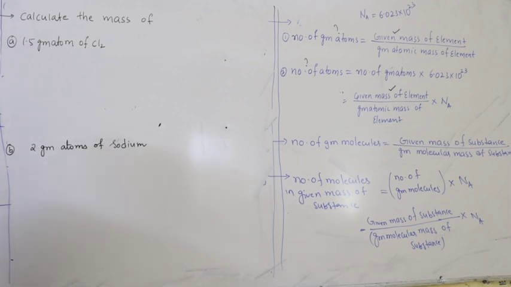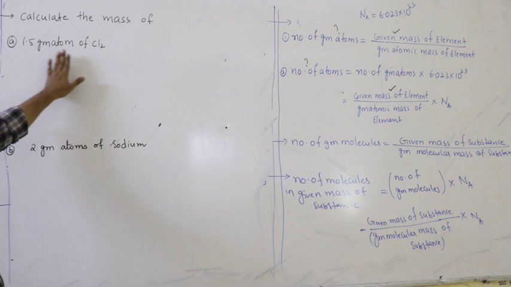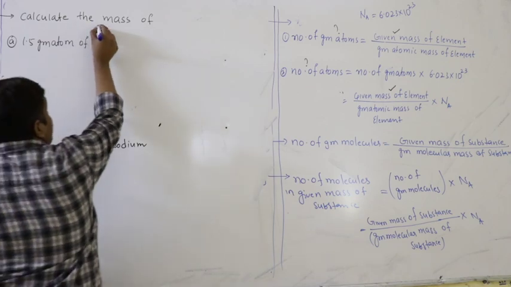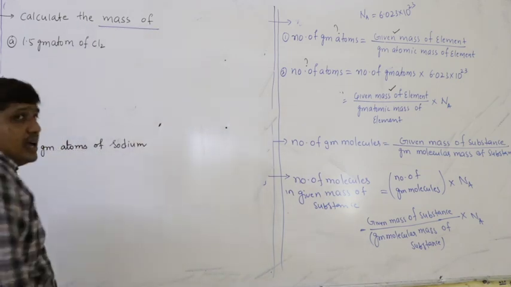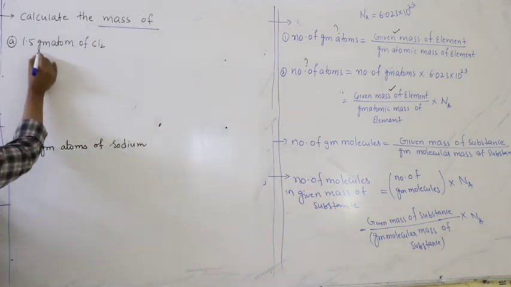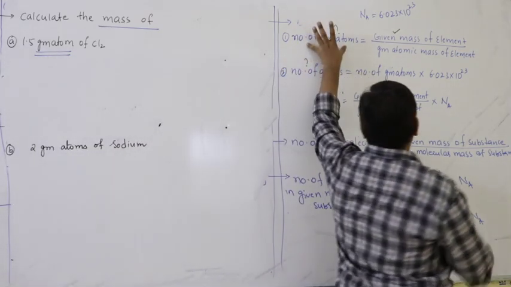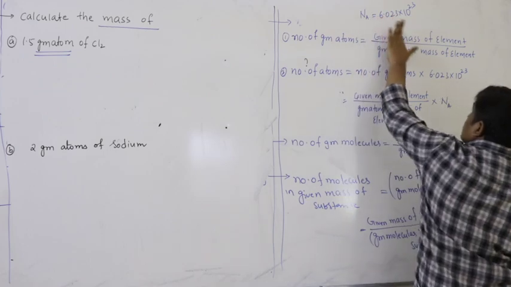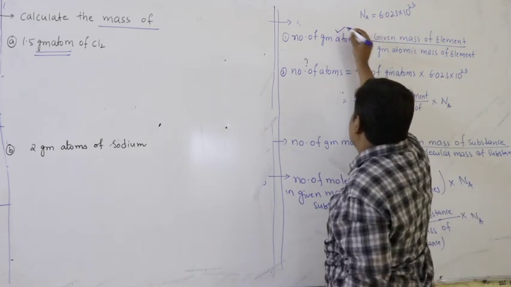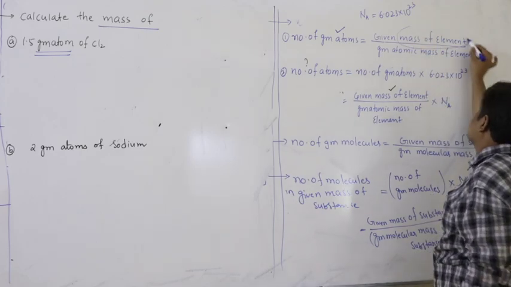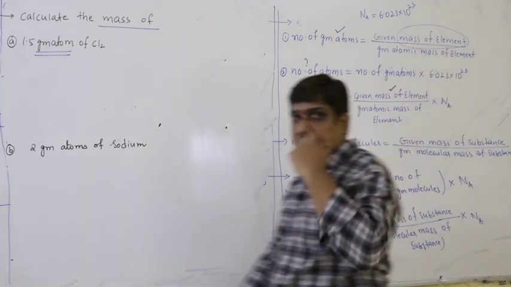Right, let us see the next problem. Calculate the mass of 1.5 gram atoms of chlorine, 2 gram atoms of sodium. See here, he is asking you to calculate the mass of the element. Next, what is given? Gram atoms. Gram atoms are given. You are supposed to find the mass of the element.